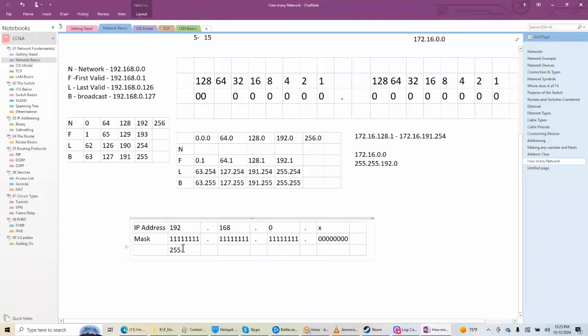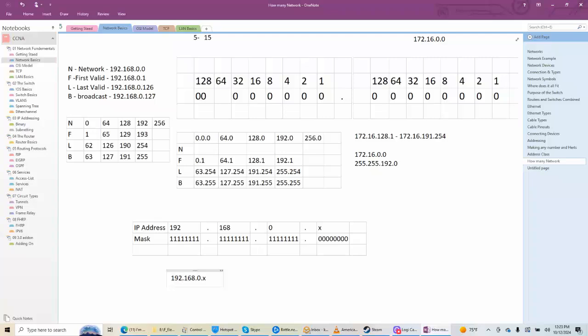And since they're all ones, that means that in order to communicate on the same network, this number must be the same. Meaning that if I have an IP address of 193.168.0.whatever, I'm on a different network. It has to match.